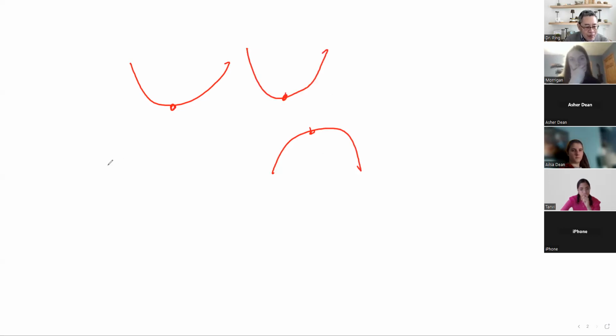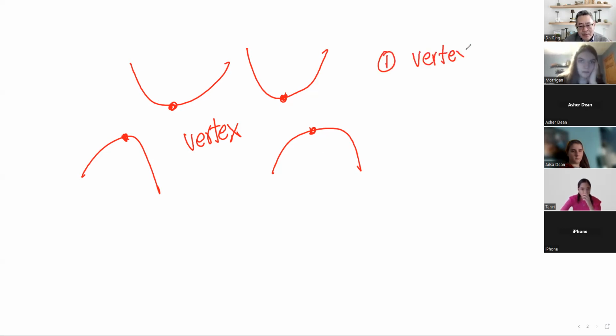So they're all quadratic. The minimum and maximum point is called the vertex. So a quadratic function has a vertex point. We know that. Just one vertex point, and also an axis of symmetry.